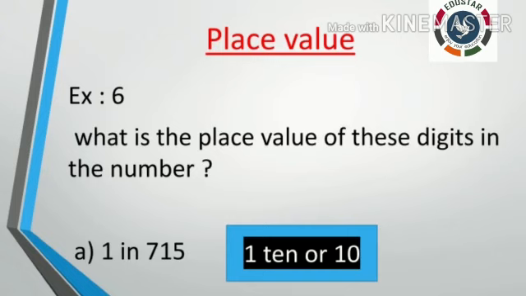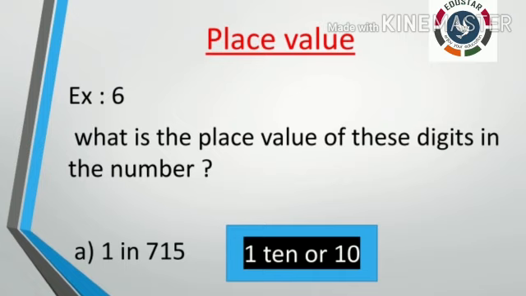Students, see the slide now. I did a few sums for you in that exercise 6 as an example. Shall I explain you now? Okay. See the slide. Topic place value. Exercise 6. What is the place value of these digits in the number? Shall I explain you the first question?